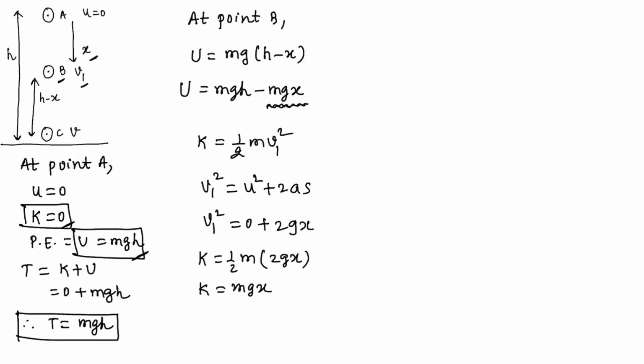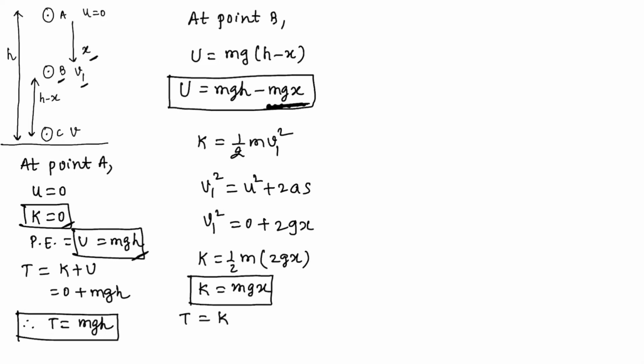Notice here that the decrement in the potential energy is mgx, and the same is the gain in the kinetic energy at point B. Now if I add this kinetic energy and potential energy to find the total energy, K plus U, we get mgx plus mgh minus mgx, and hence total energy is equal to mgh.